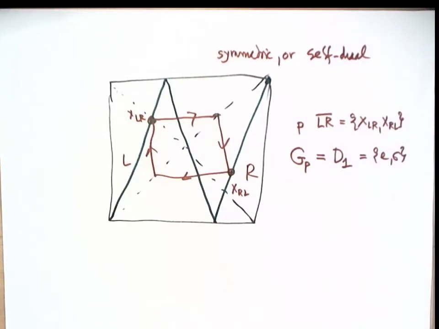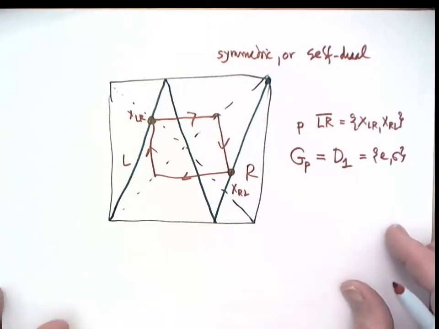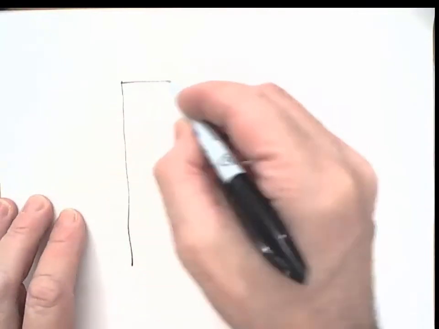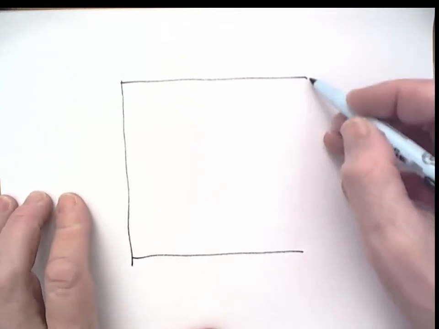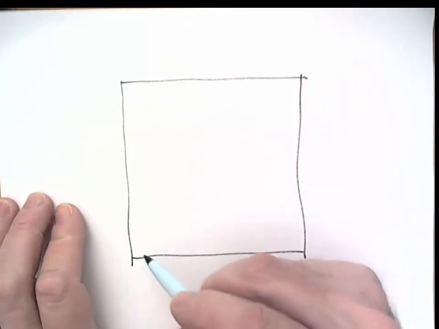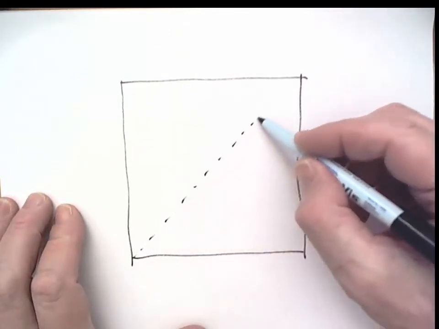So this is an example of a symmetric solution or a self-dual solution. A solution which is invariant under the action of the whole group as a set of points.